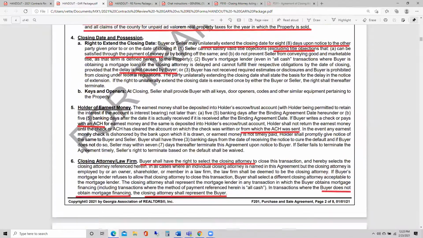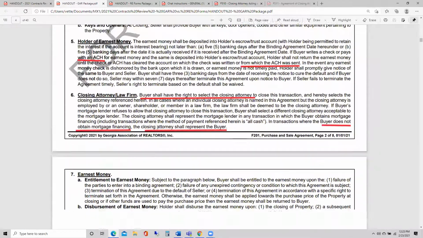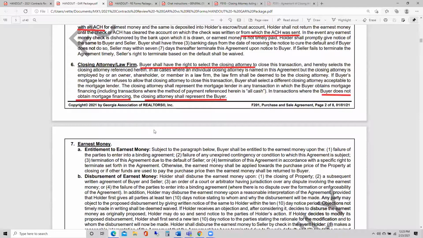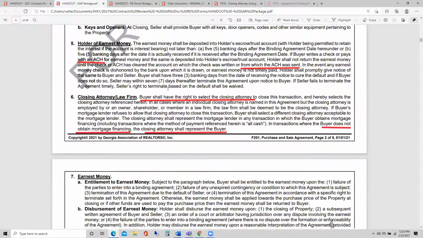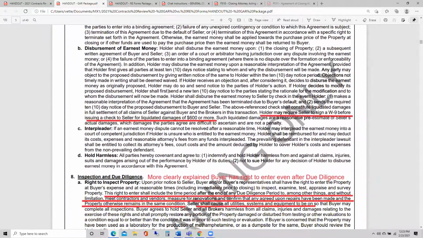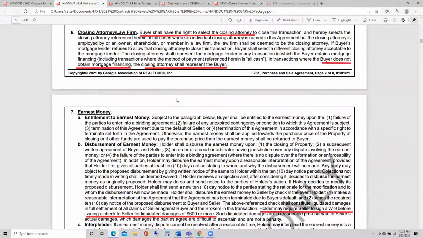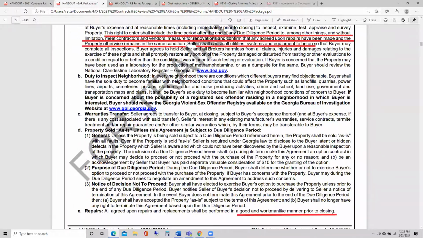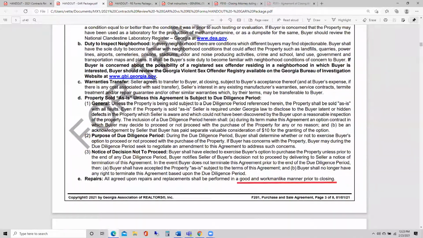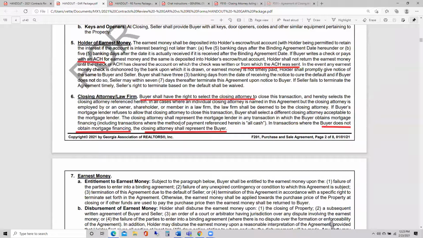Down here, where it talks about the deposit of the earnest money, I'm not going to be able to find it because I'm looking for it really quickly. Anyway, somewhere in here, it talks about the deposit of the earnest money, and it's in both GAR and the RE. Here it is right here.